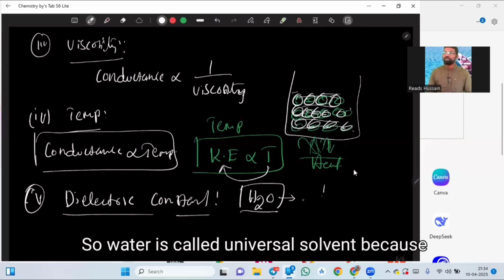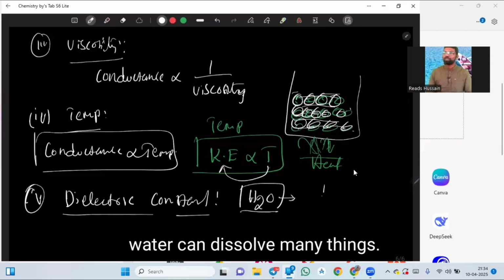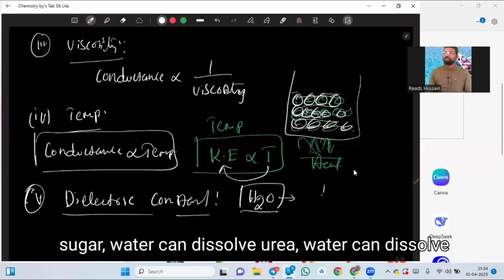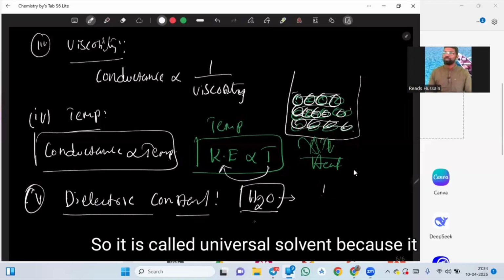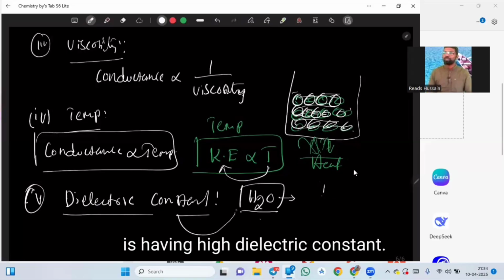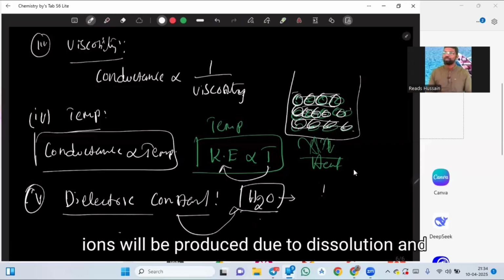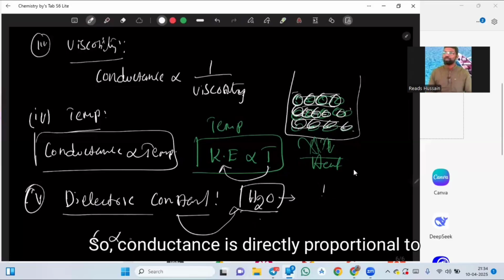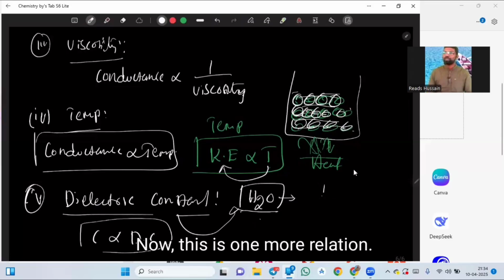So water is called the universal solvent because it can dissolve salt, sugar, urea, alcohol, many things. When the dielectric constant is more, more ions will be produced due to dissolution and conductance will be more. So conductance is directly proportional to dielectric constant. Write down, this is one more relation.